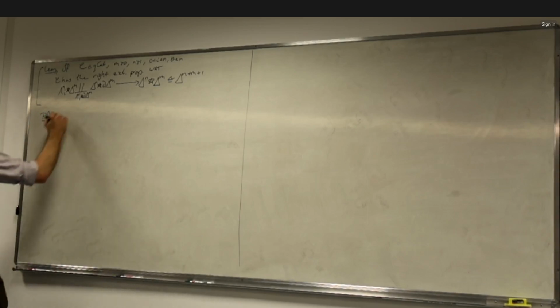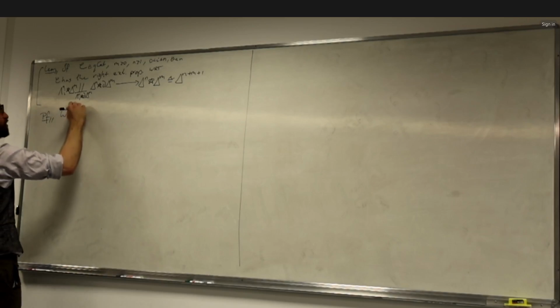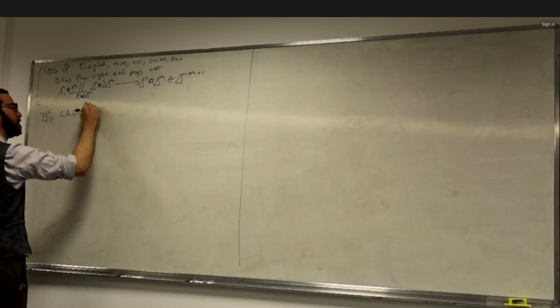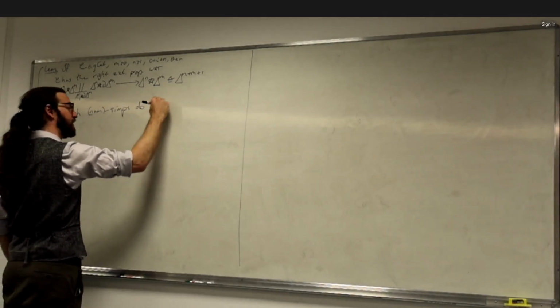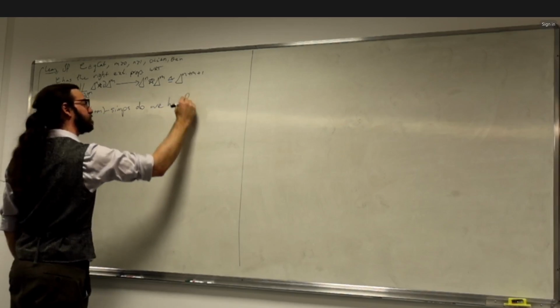So this is a purely technical statement, again involving one of these push-out products. But again, it's not going to be too bad of an argument. So once again, we're going to ask which n plus m simplices do we have?